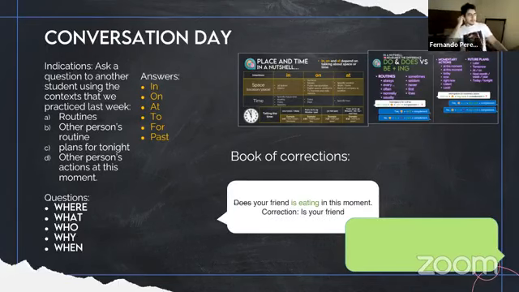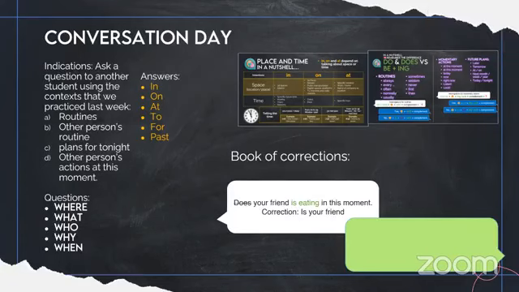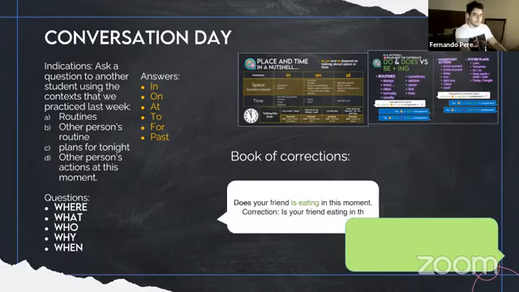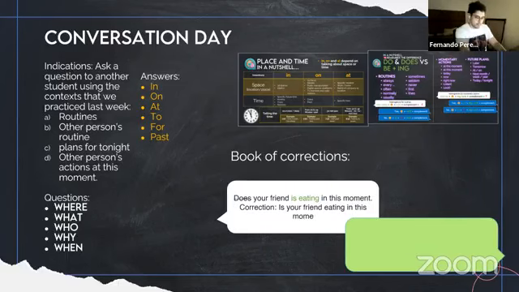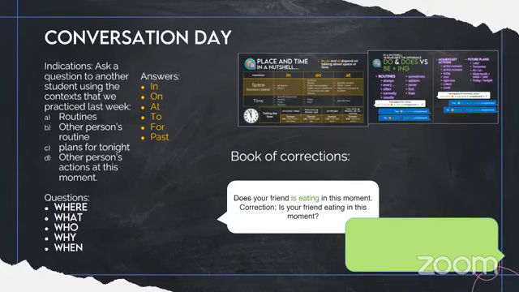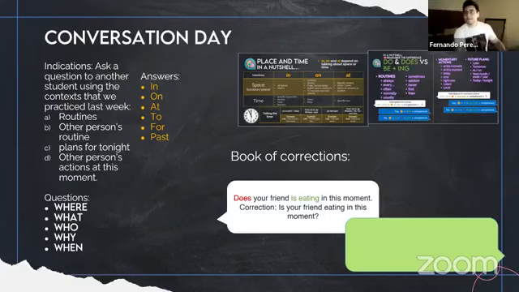Continue. Is your friend eating in this moment? Fantastic. That is a correction. Good correction with good observation. Question. Arthur, is your friend eating in this moment?